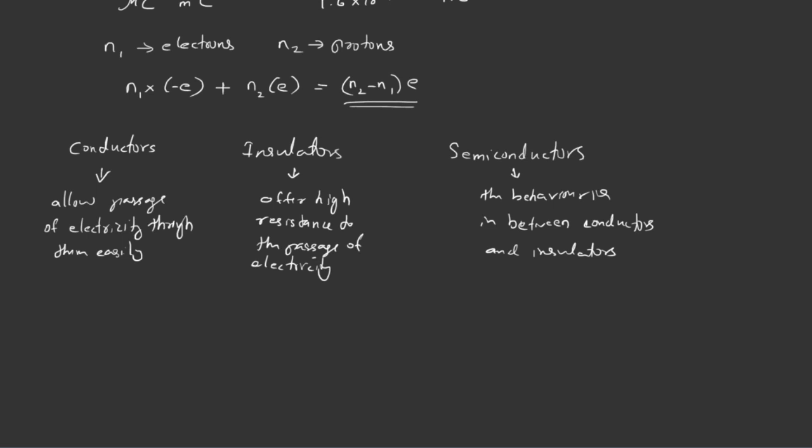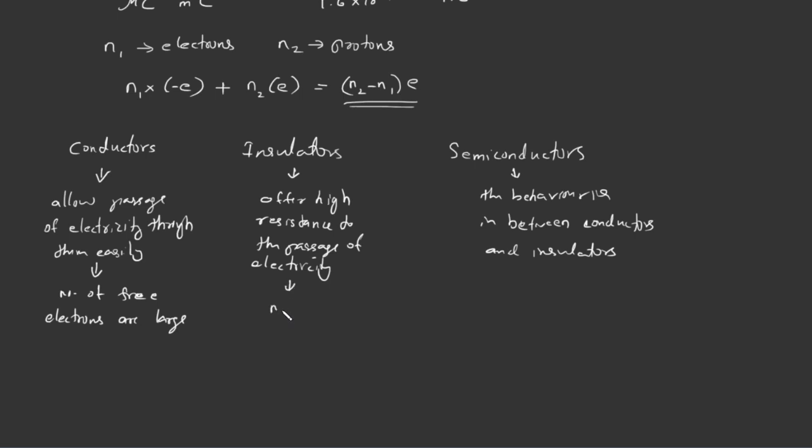So that is one main distinction between conductors, insulators and semiconductors. Conductors allow passage of electricity through them easily. Insulators offer high resistance, that means they are not allowing passage of electricity. In semiconductors, this behavior is in between conductors and insulators. The number of free electrons in conductors are large.